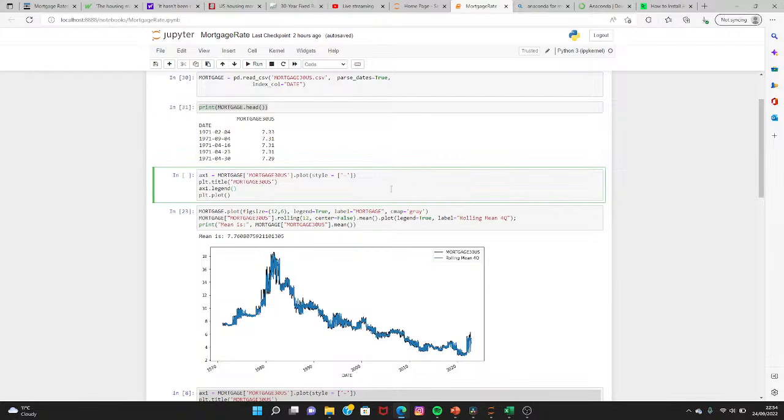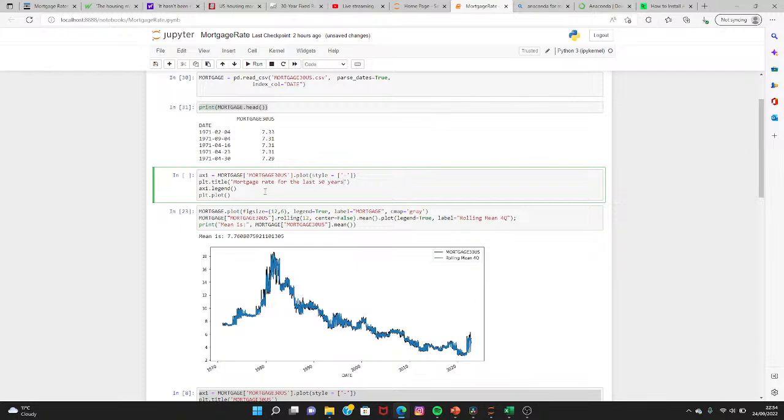For the entire 50 years, how does the mortgage rate look? Simple. Again, we are using a plot with a title of mortgage rate for the last 50 years.